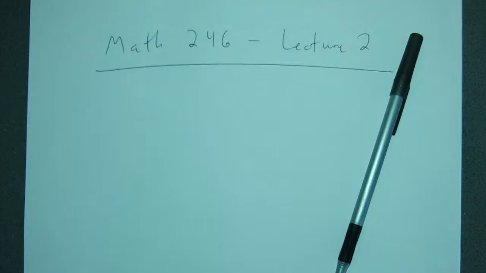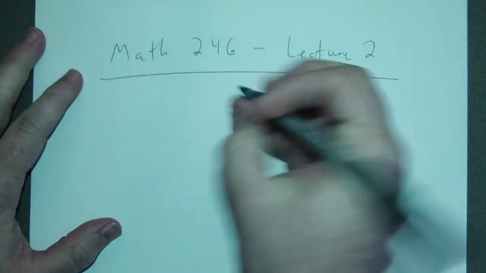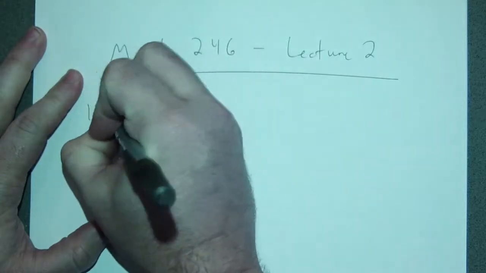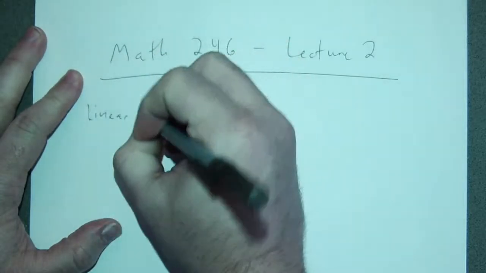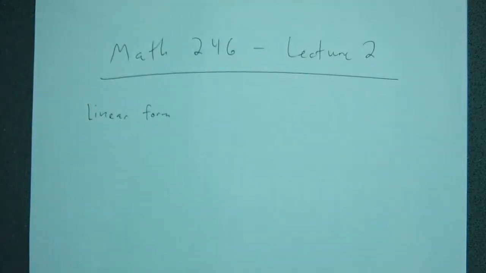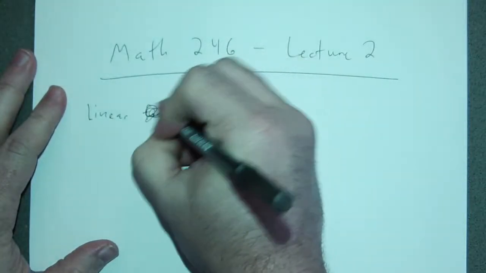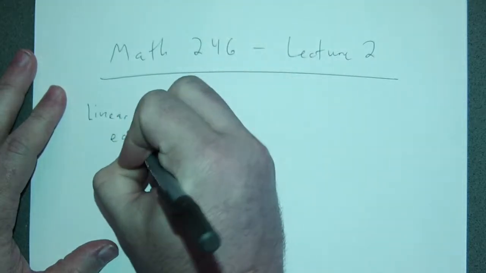At the end of yesterday's lecture, I had written down what's called linear normal form. But maybe I should first say, what is a linear equation?